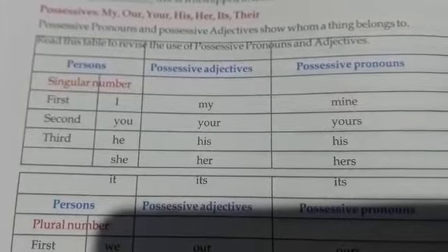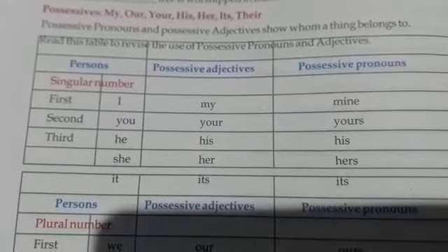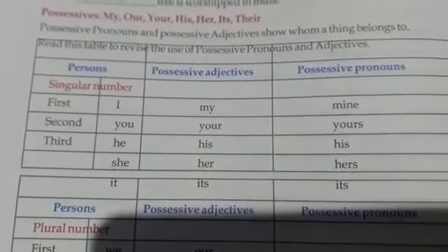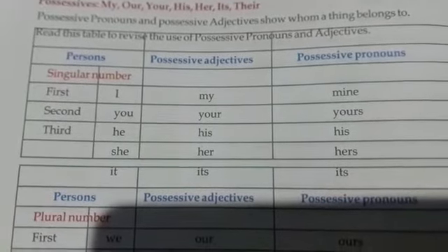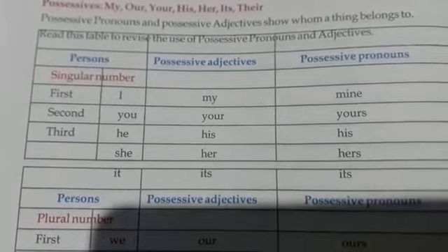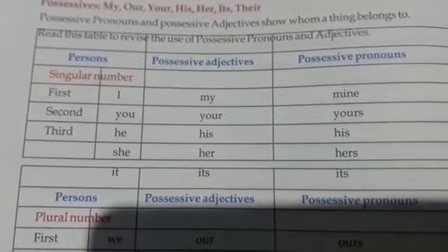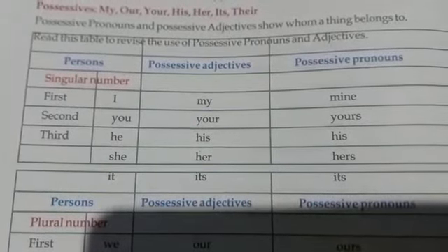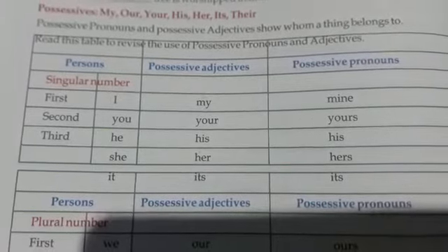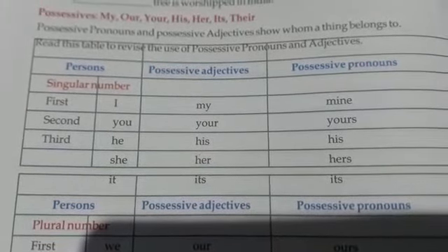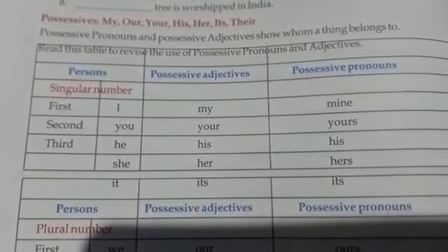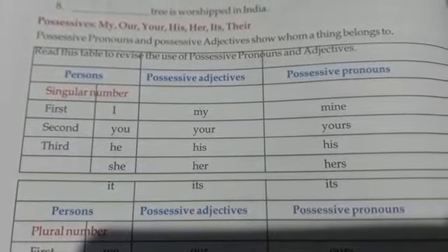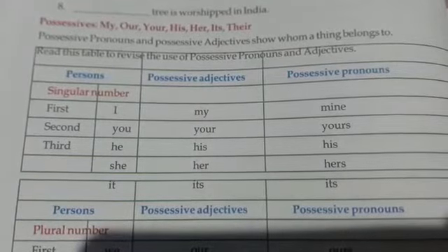Second person is you, and for that, the possessive adjective is your, whereas the possessive pronoun is yours. Third person, he, she, it: for he we have his as both adjective and pronoun. For she we have her as adjective, hers as pronoun, and for it, its as adjective and its as pronoun.